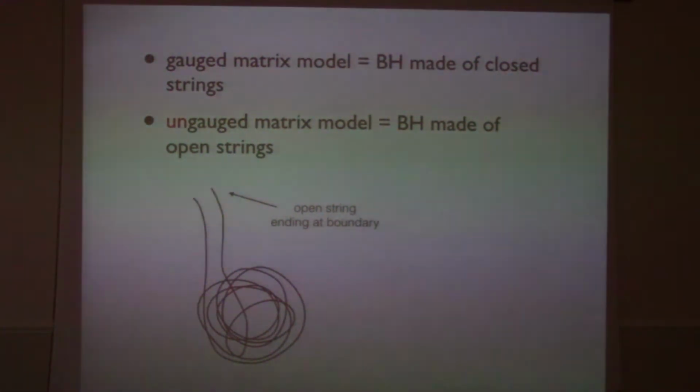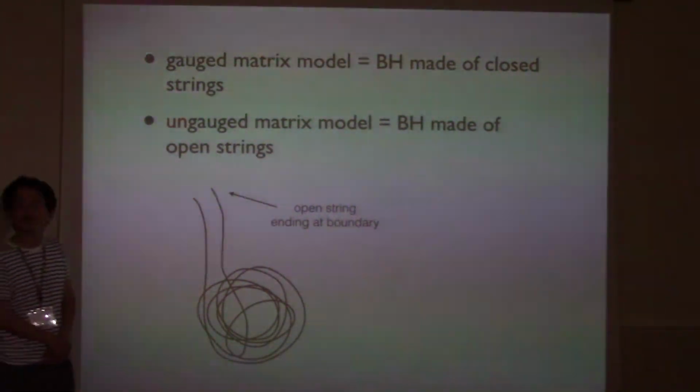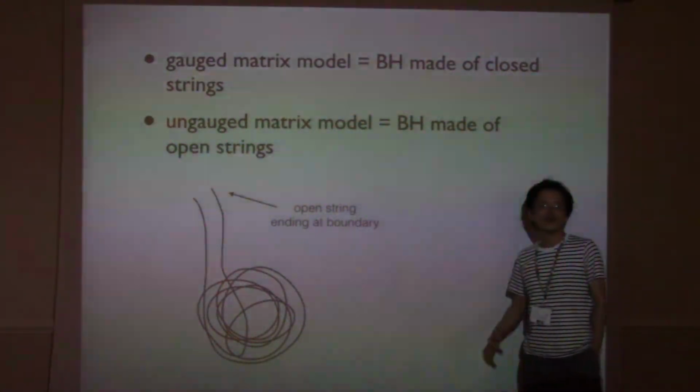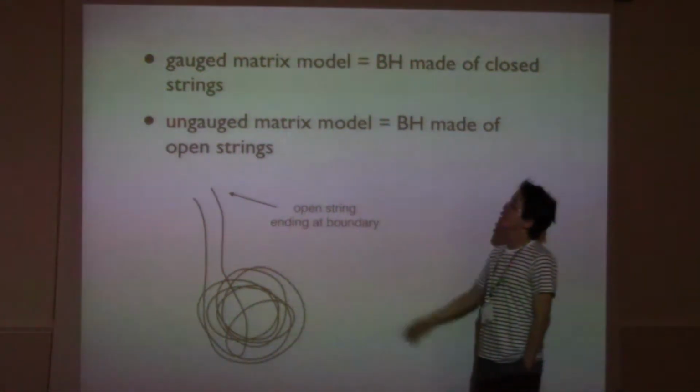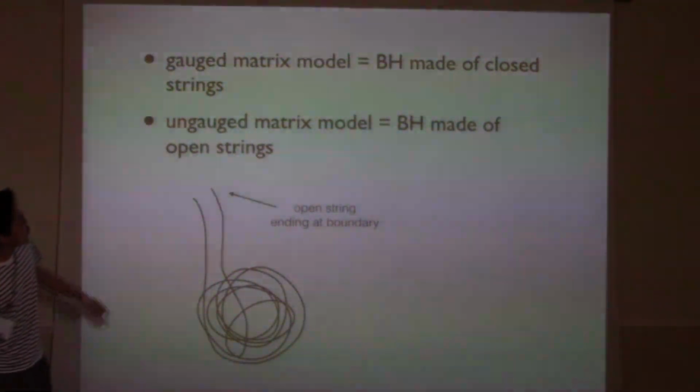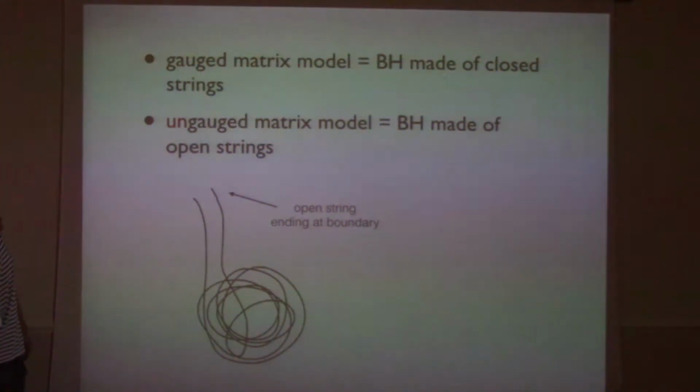So if we consider the gauged matrix model, the black hole state is a black hole made of closed strings only. You imagine a long winding closed string, which is the black hole. And if we remove the gauge singlet constraint, we should consider a black hole made of open strings. And there is no natural place in the bulk where an open string can end.